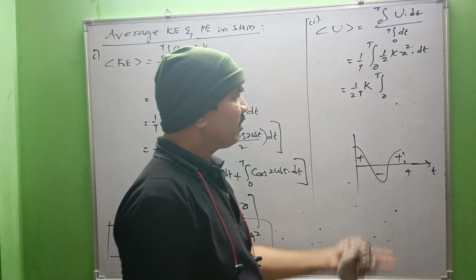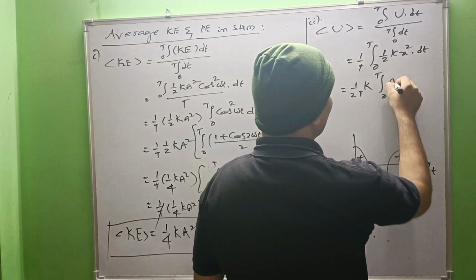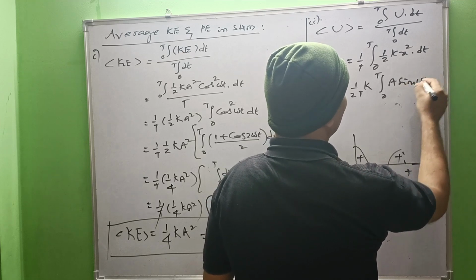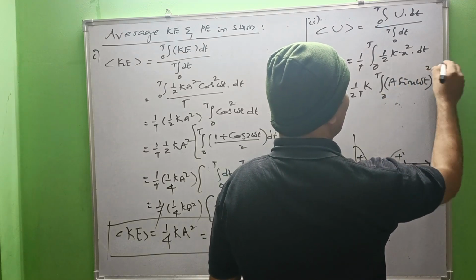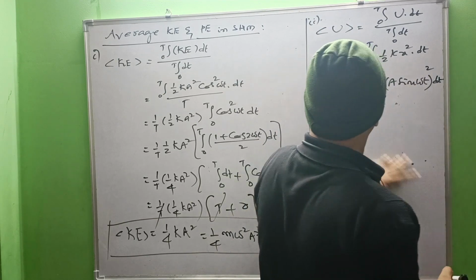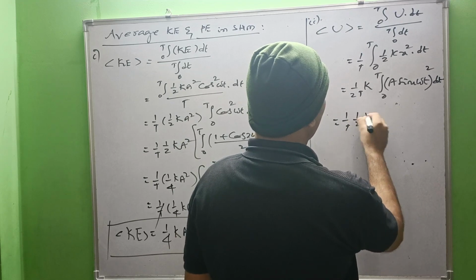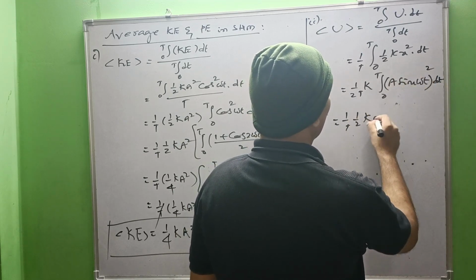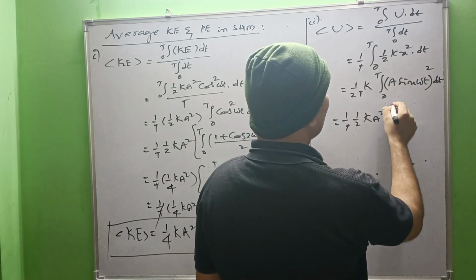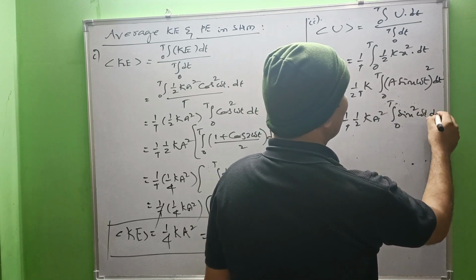What is x? We have written x means a sin omega t. So that is 1 by T into half k into a square, integral 0 to T of sin square omega t into dt.